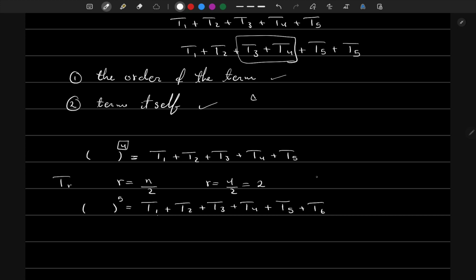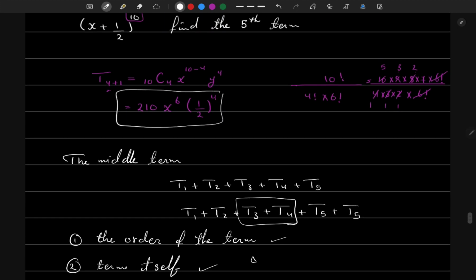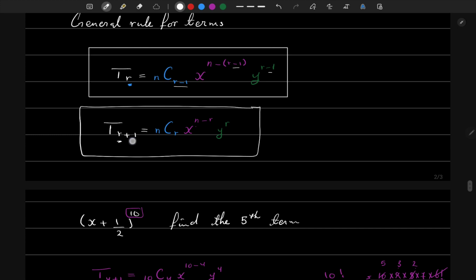And the order of the term is going to be t, remember that it's r plus 1. So the order of the term is going to be t 2 plus 1, or t3. And so the order of the term is the third term. Remember that you find r, but then you add 1, because in the general rule, it's always t r plus 1.